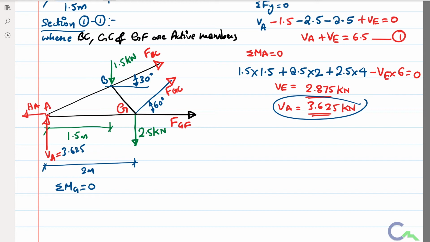Only FBC is not passing through G. Therefore, if I apply this condition, I can make FGC and FGF as 0. So if I make these two forces as 0, directly I will going to get force FBC.